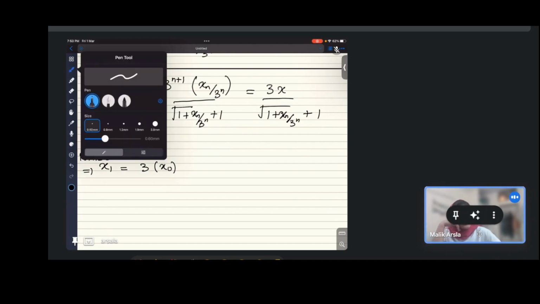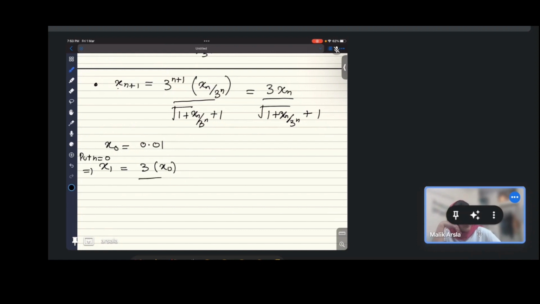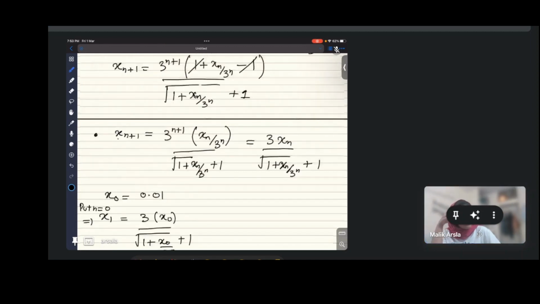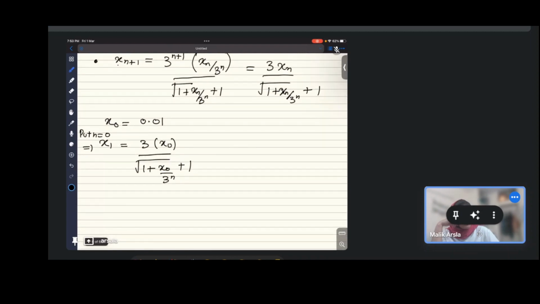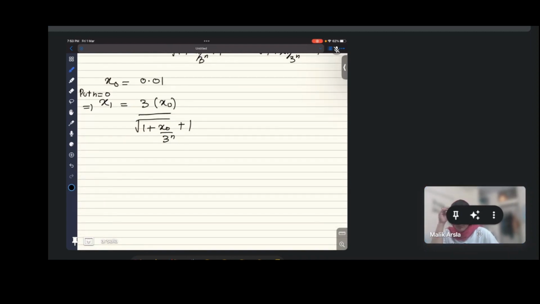Anyone calculated the value of xn? Sorry, x1. Tell me fast.